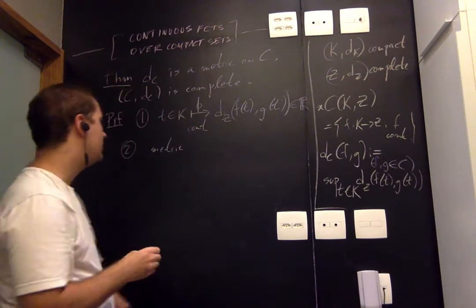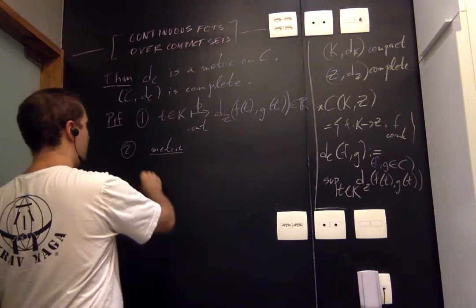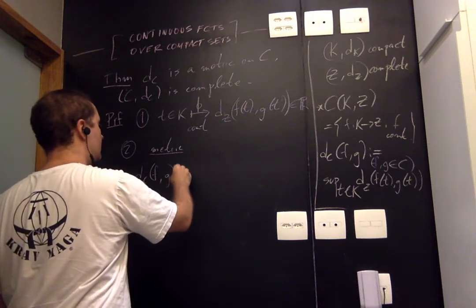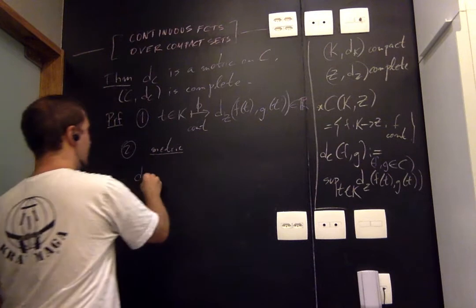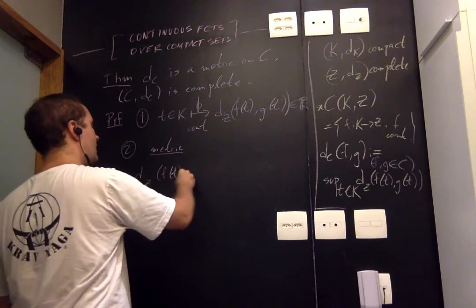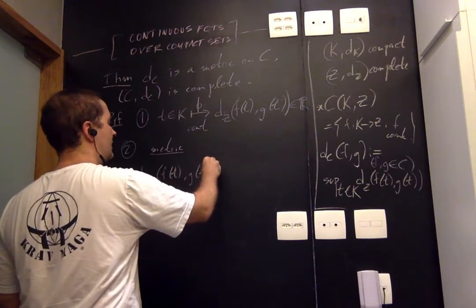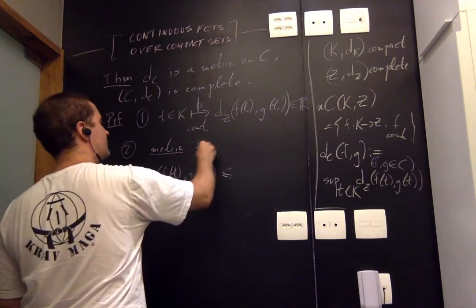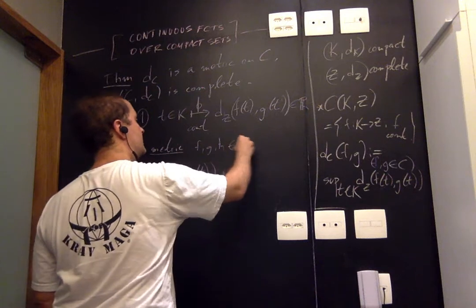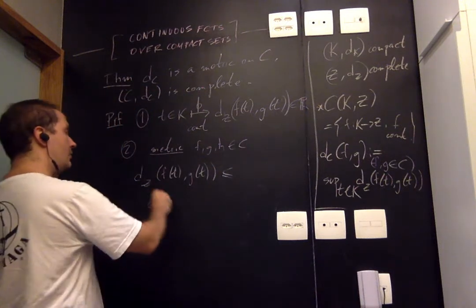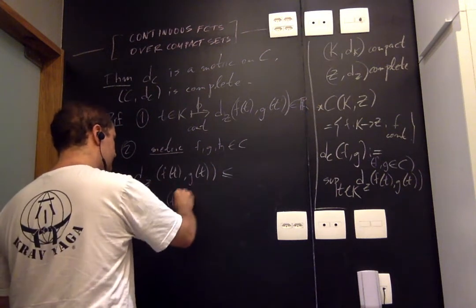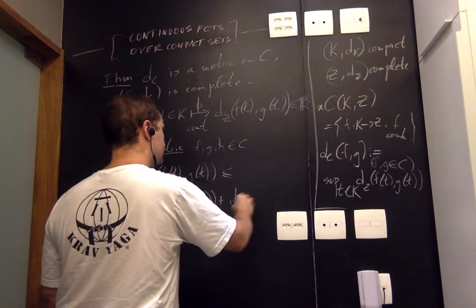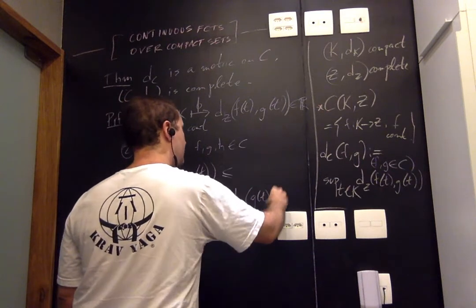And finally, we have the triangle inequality. If I compute the distance between functions f and g, and I compute the distance between f of t and g of t, I certainly have the triangle inequality. So I'm just taking f, g, h, and t. I certainly have the triangle inequality in Z. Right, so we've done this before.